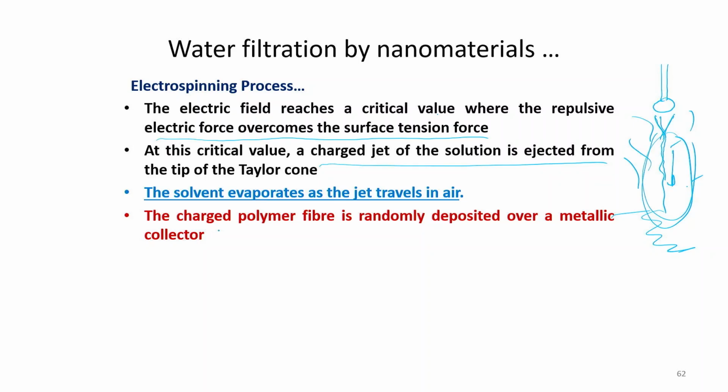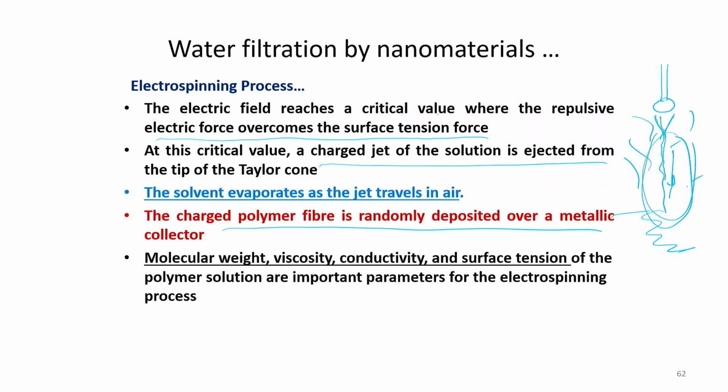So, charged polymer fiber is randomly deposited over the metallic collector due to this charge. Molecular weight, viscosity, conductivity, surface tension, all these characteristics of the polymer solution are important parameters.